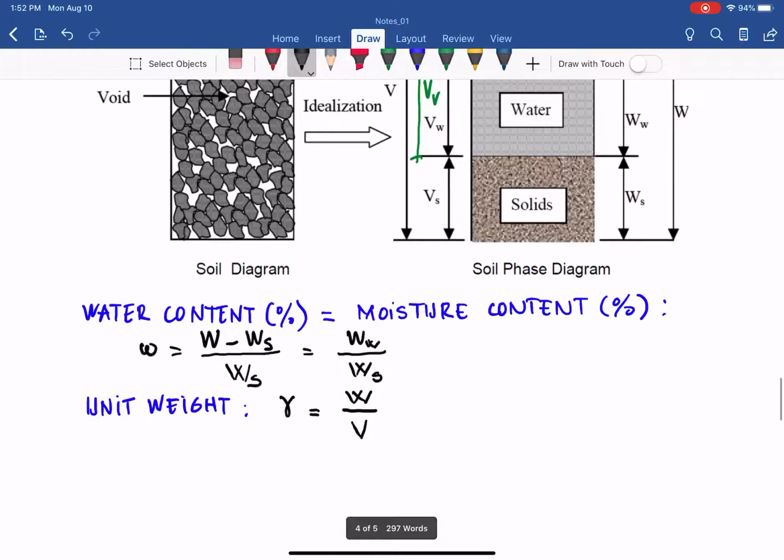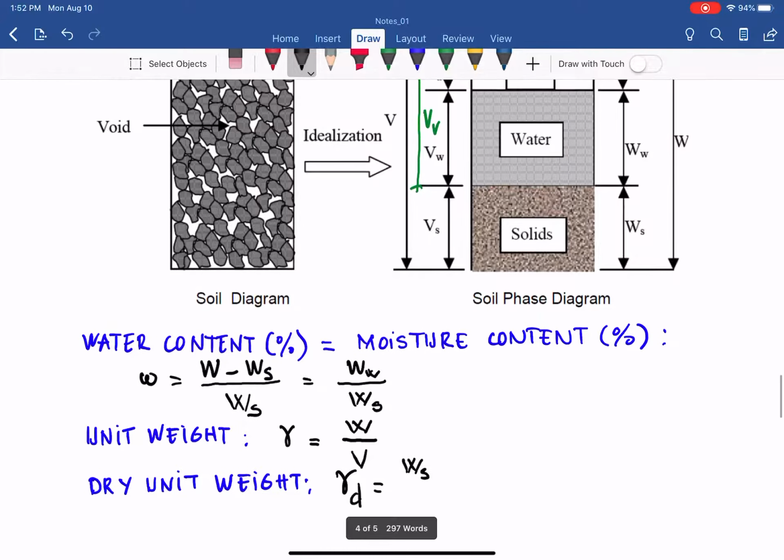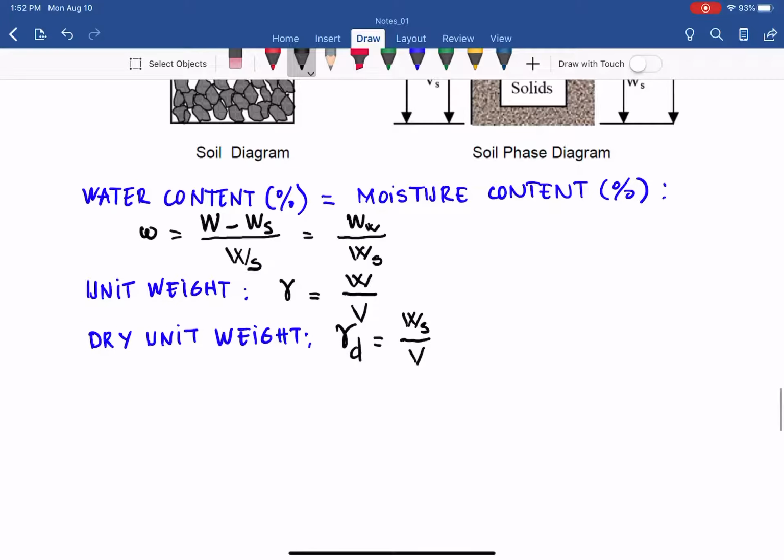Then we can have the dry unit weight. So only the solid part will matter, and in that case we call it gamma D, D for dry, equal to the weight of the solid part, because when we evaporate the water, no more weight of the water, divided by the volume of the soil. That is the dry unit weight.